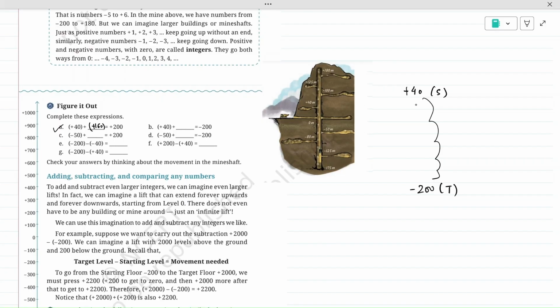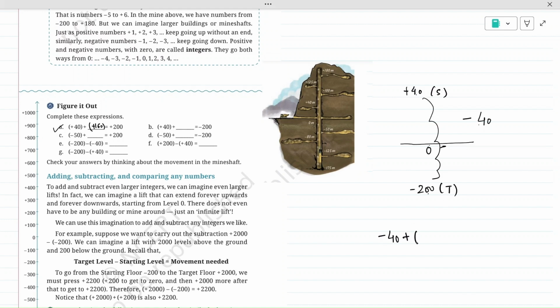See, just do it this way. From 40 to 0, we'll have 0 here because when we start moving to the negative numbers, we'll have 0 in between. So from 40 to 0, straight away, we have 40 steps. And since we are going down, that means it will be minus 40. Okay, so we have minus 40 here. After minus 40, we will reach 0.